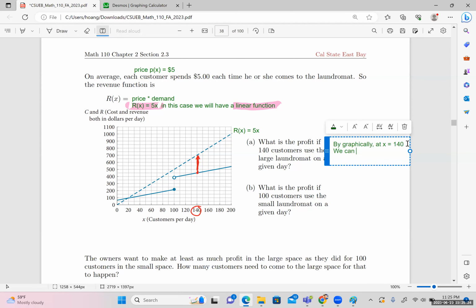We can draw a vertical line from the cost function to the revenue function, and estimate the distance.